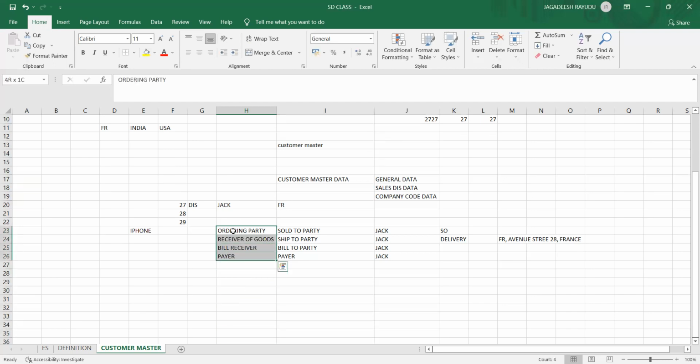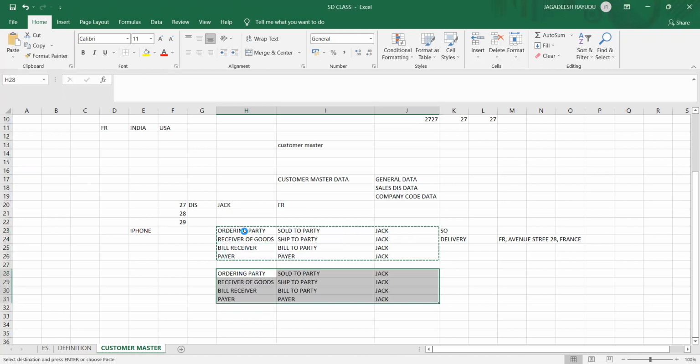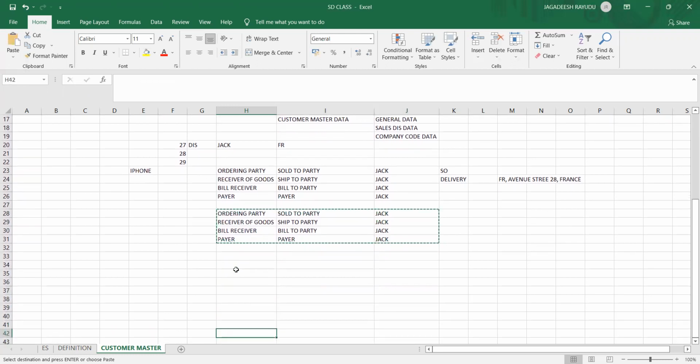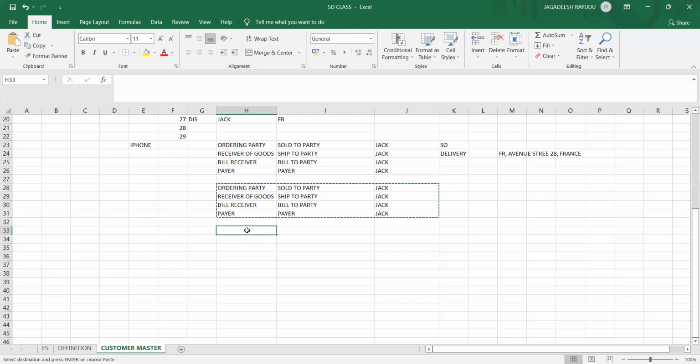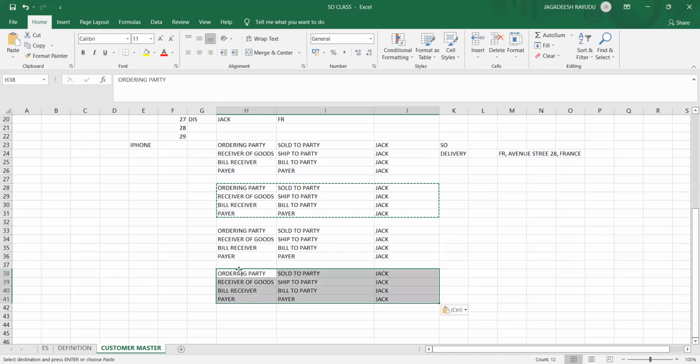I'm copying all this below to differentiate the scenarios. Let me copy it two more times so that you can better understand.